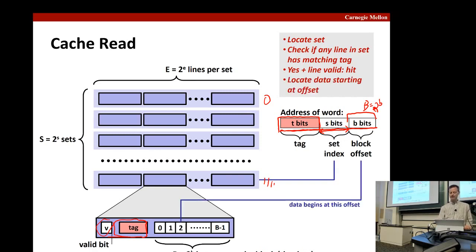If you have a hit, that says this is the right data block, and then I use the block offset to say where the data starts. So in this case, it starts at that second byte. And then where the data ends, anybody know how you figure that out? Can you guess?